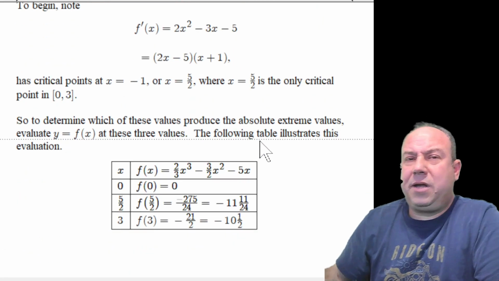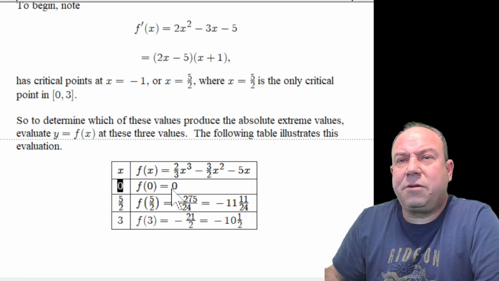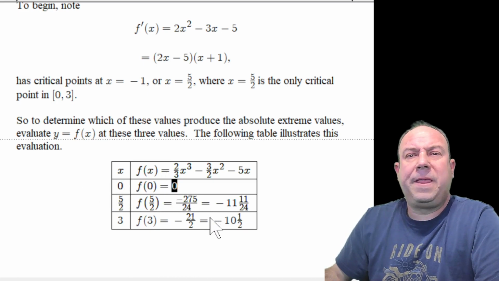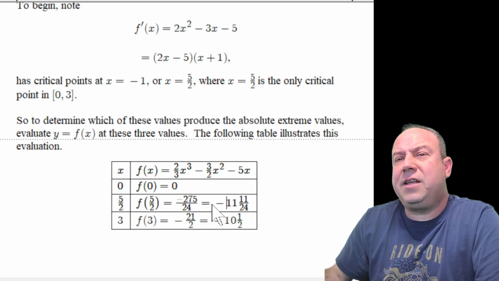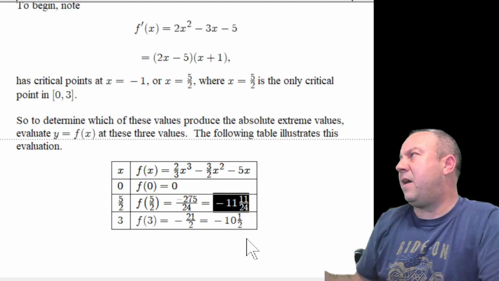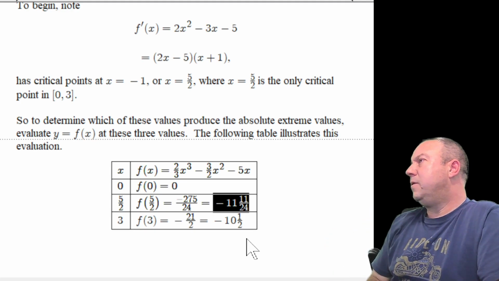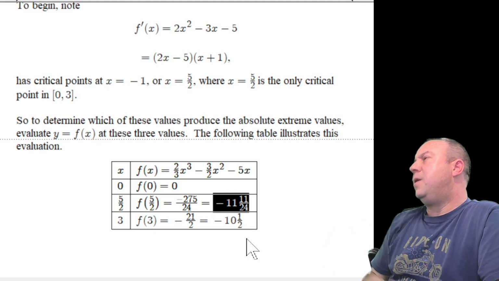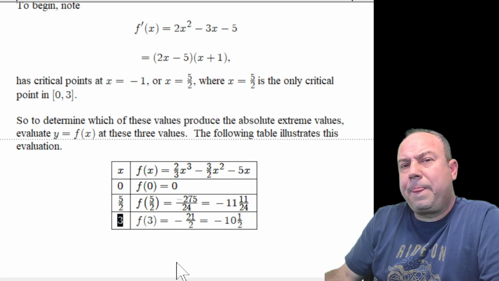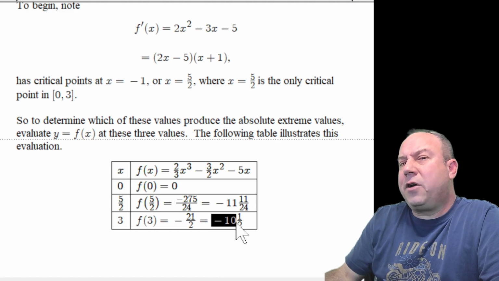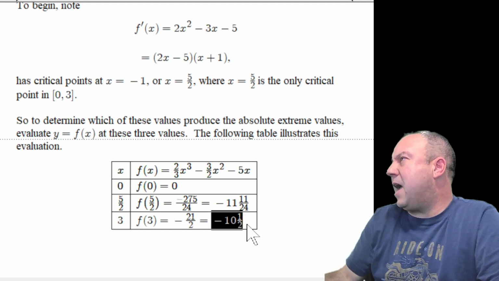And you'll notice when I plug 0 into my function, 0 is going to produce 0. Whereas if I substitute 5/2 into my function, that is going to produce -11 and 11/24. Whereas when I substitute in the value of 3, the output of the function is -10 and 1/2.